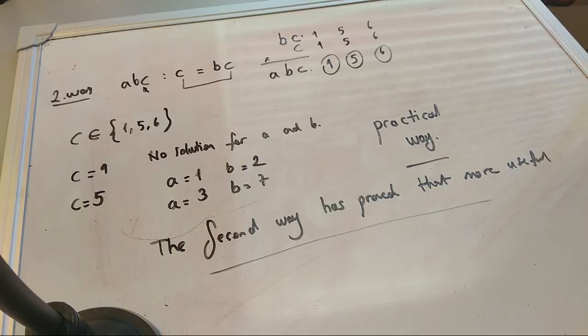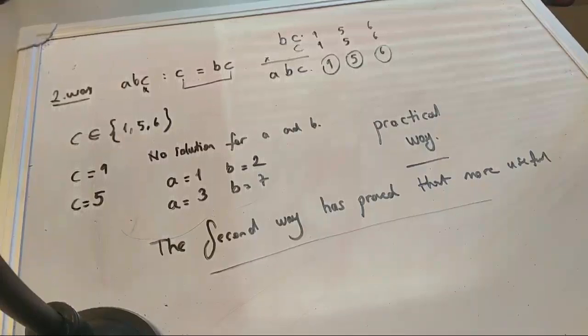For C is 6, we don't have any solution, because A, B, and C must be natural numbers that are less than 10.